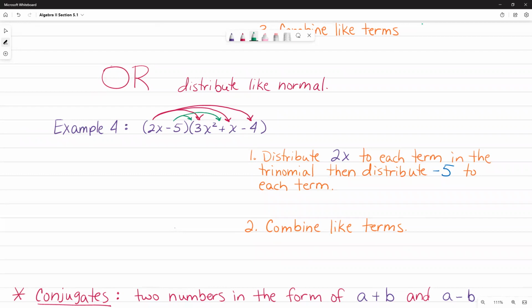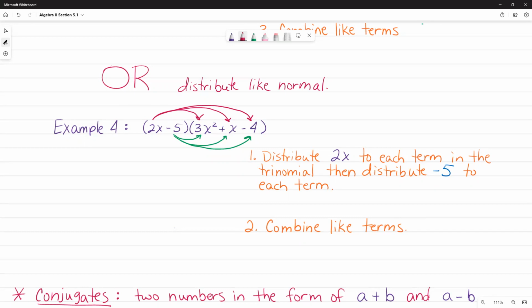Oh, you know what? Hold on. I'm going to go to the bottom here, this way, to every term inside. Both work just as well. They'll give you the same answer. So this one is going to look like our second example did, except instead of having two binomials, we have a binomial times a trinomial.